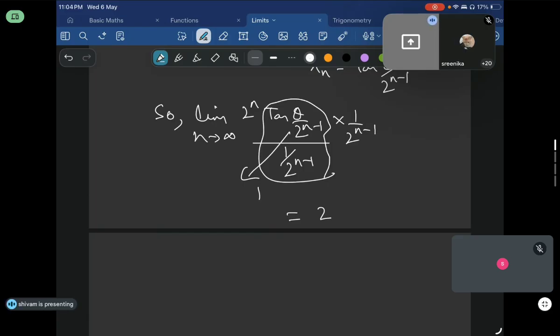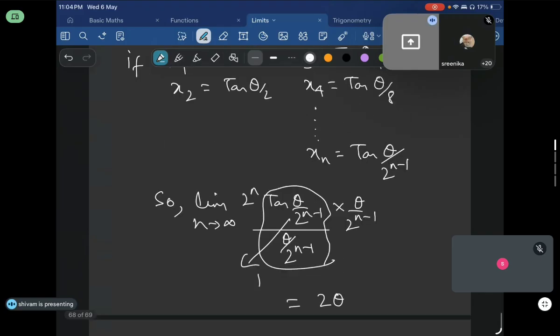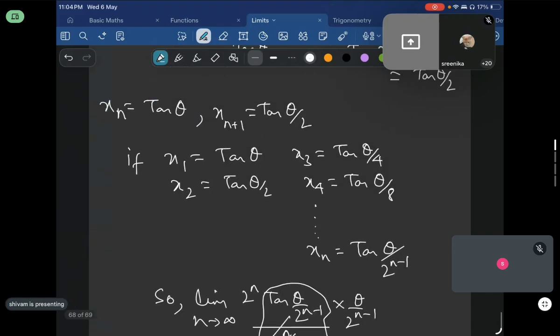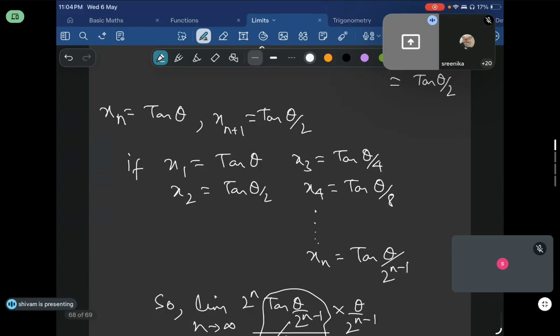So what have we got? I have got limit is equal to... Wait a minute, theta. I have to divide it by theta by 2 to the power n minus 1. So I'll get 2 theta, everyone. Over here, x1 was 1.